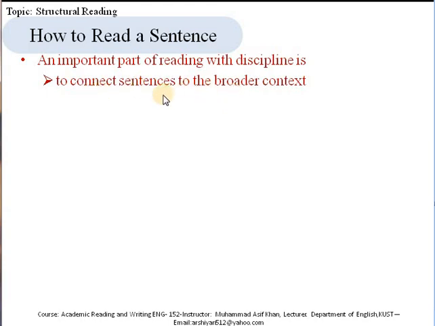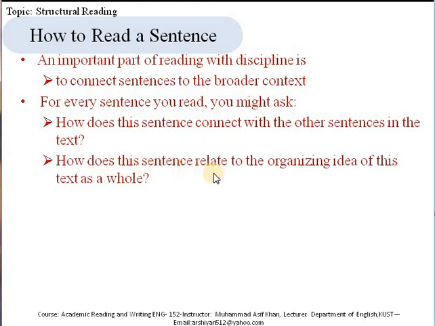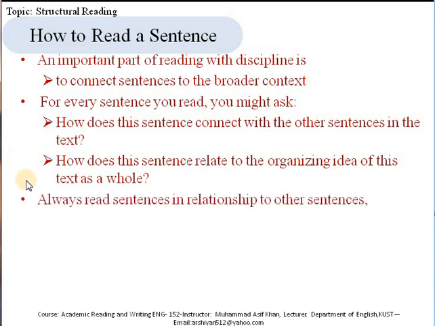For every sentence you read, you might ask questions like, how does this sentence connect with the other sentences in the text? And how does this sentence relate to the organizing idea of this text as a whole? If you are asking these questions and working on the answers, you get the idea of how this text is organized and what the role of this individual sentence is within this broader structure.